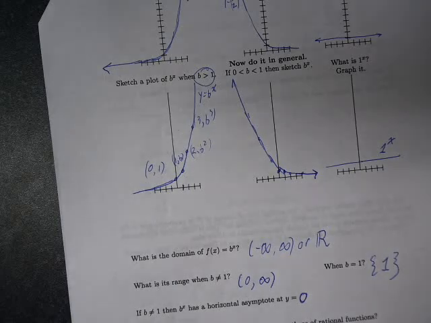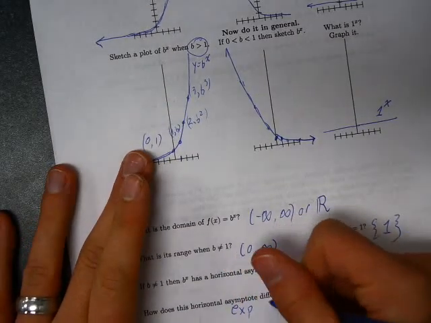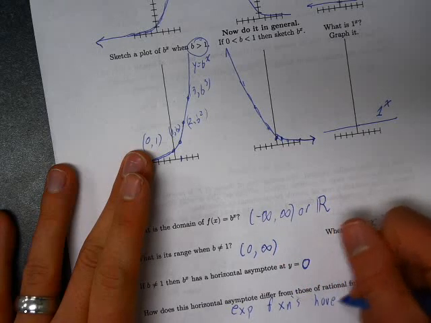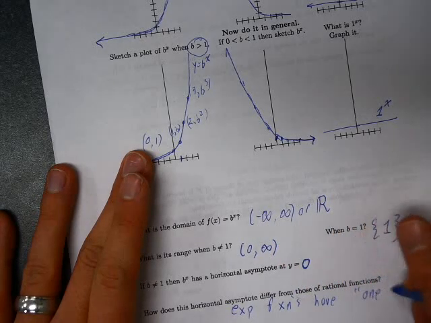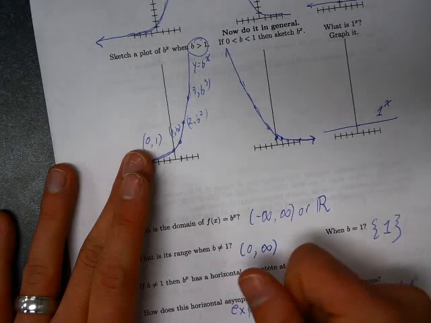Rational functions have the same horizontal asymptote over there as over there. Exponential functions don't. Exponential functions have one-sided horizontal asymptotes.